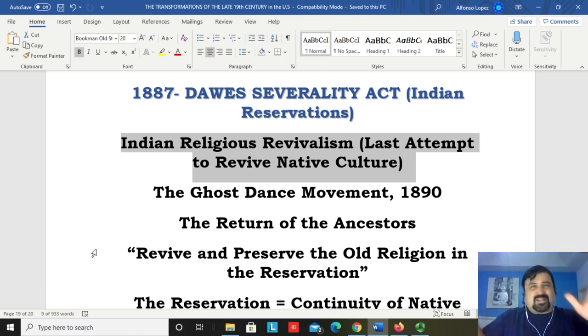Many of their ancestors were buried in mountains or caves and certain burial grounds, and they felt they were going to lose their connection to their ancestors because they were moved onto reservations that in many cases had none of those burial sites.